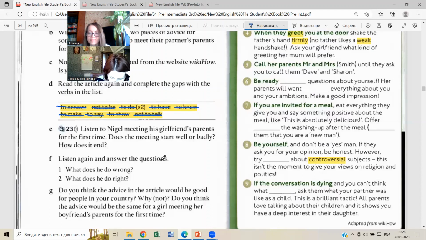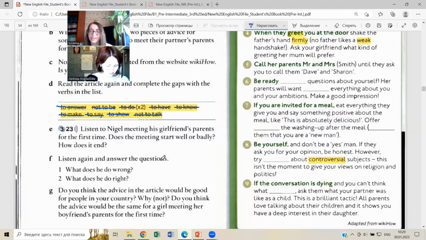This is a brilliant tactic. All parents love talking about their children, and it shows you have a deep interest in their daughter.